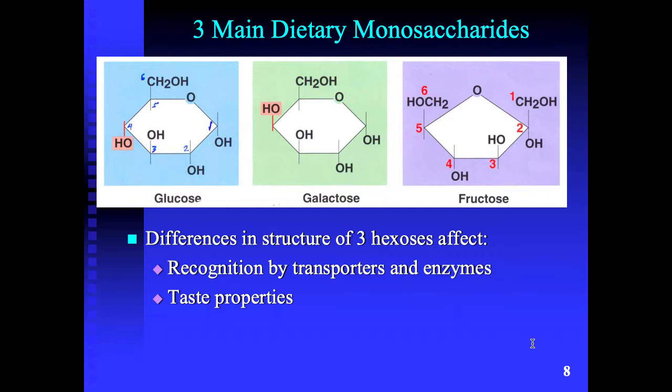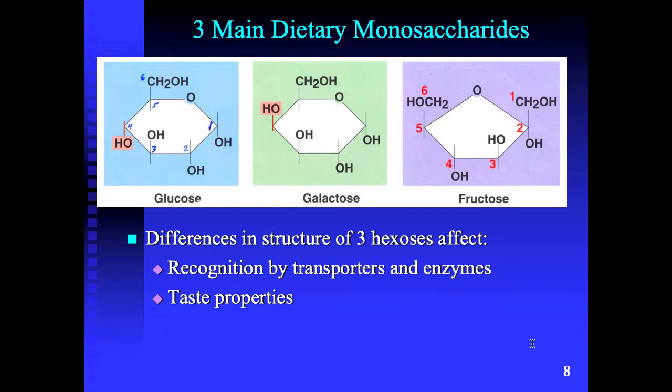Now, why does that matter? Well, because the differences in structures are recognized by things like transporters and enzymes. They don't always treat them differently, but they definitely recognize them differently.